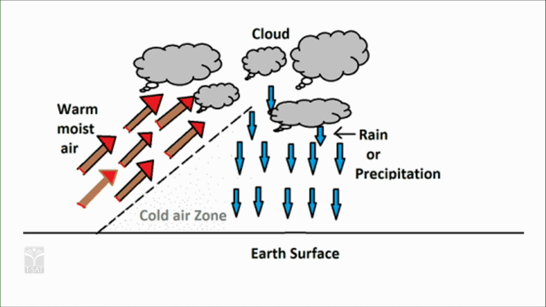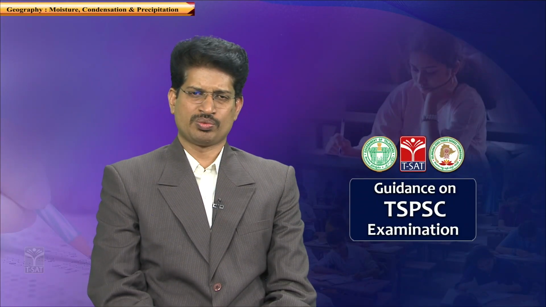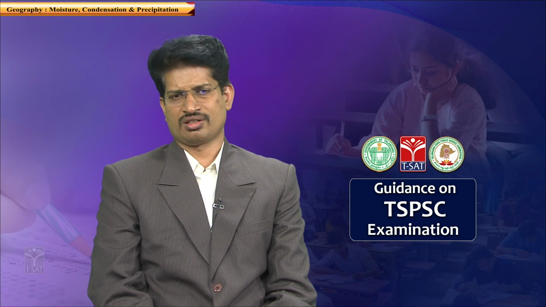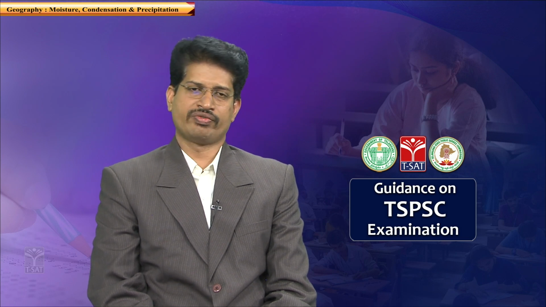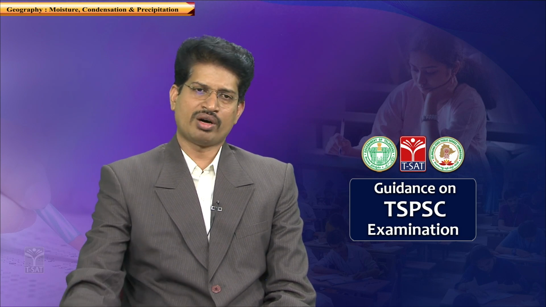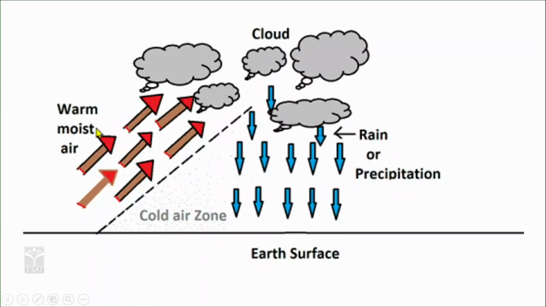For example, when the warm air mass is flowing towards the cold air mass, the cold air mass is much denser. That is the reason why the warm air mass cannot lift the cold air mass, and the warm air mass spreads across the surface of the cold air mass.